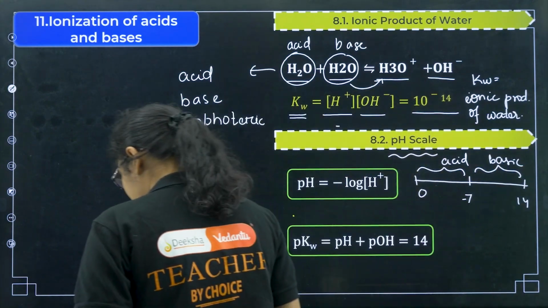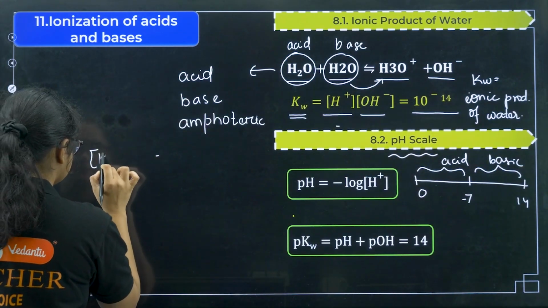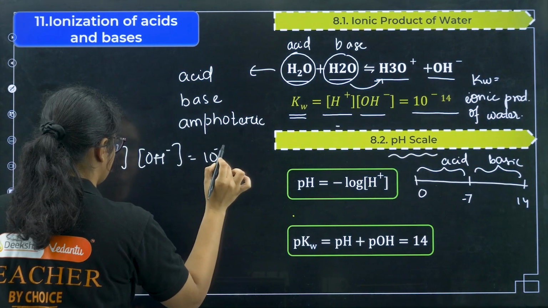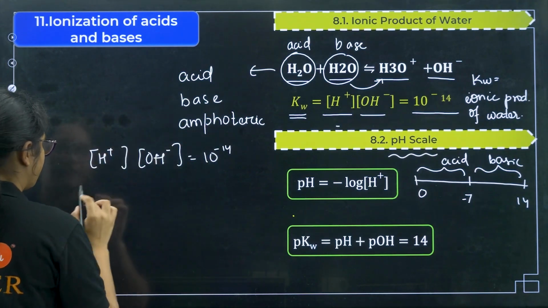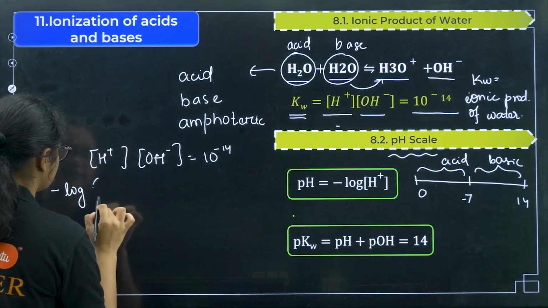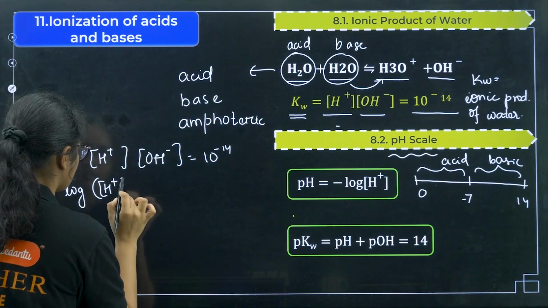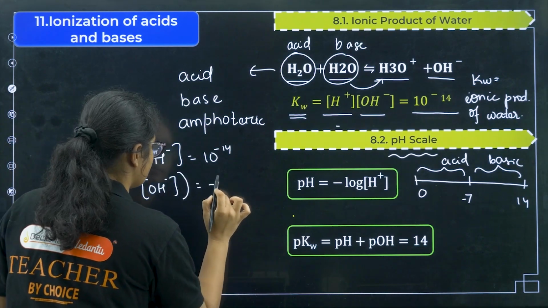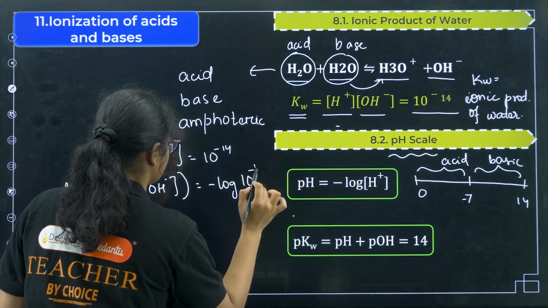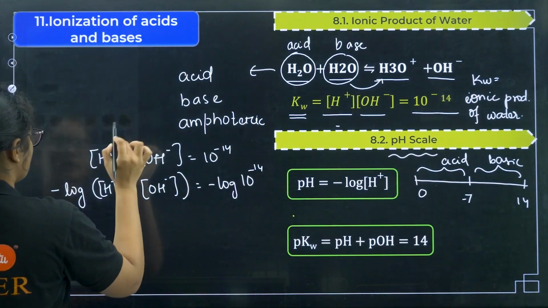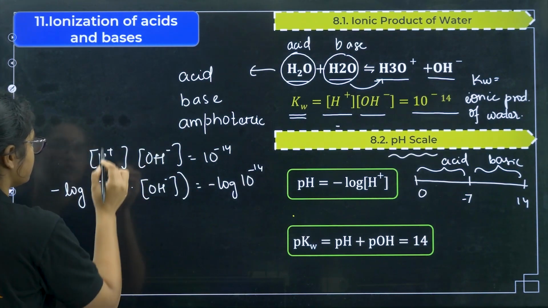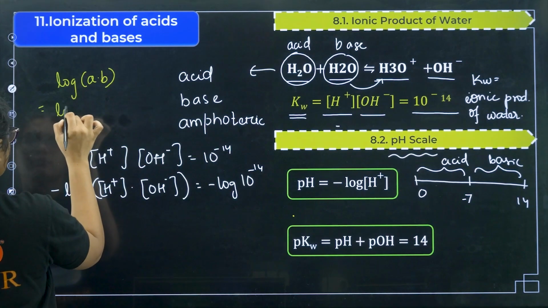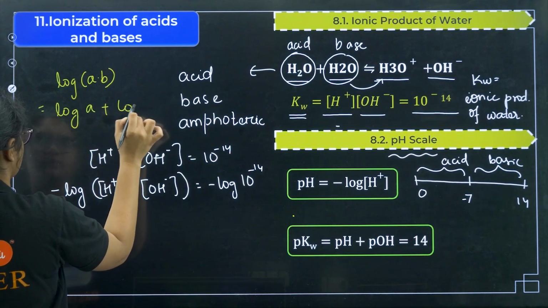Now if you see this one, H+ into OH- is equal to 10 to the power of minus 14. If I take negative log on both sides, minus log of H+ into OH- is equal to minus log of 10 to the power of minus 14. You know log of A into B is equal to log A plus log B, right?